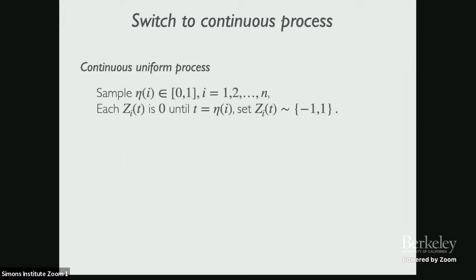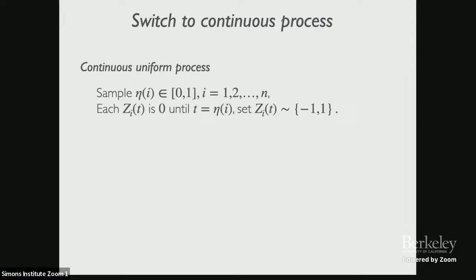So here, I apologize, we need to switch a little bit from a discrete process to a continuous process in the following sense. This is basically for technical reasons. If you don't care, you can just think of it as a discrete process.